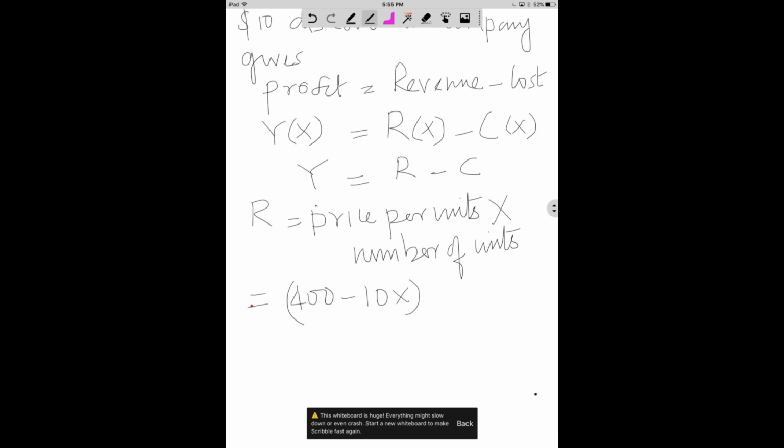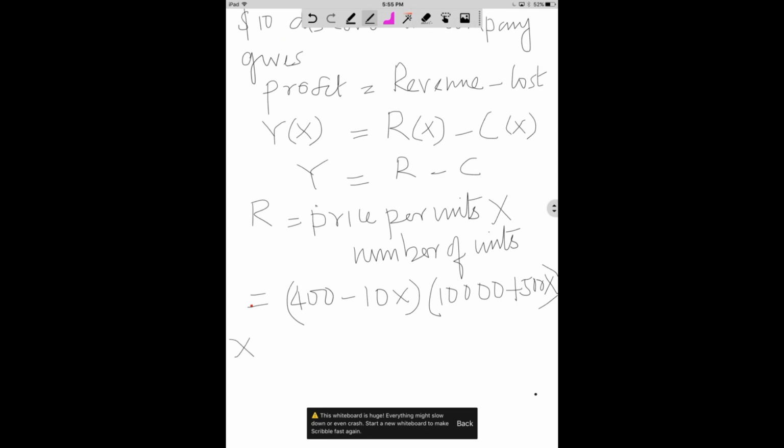Number of units is 10,000 units they sell for $400, right? So 10,000 plus, for each discount they get 500 units more, so 500x. 10,000 plus 500x is the number of units.